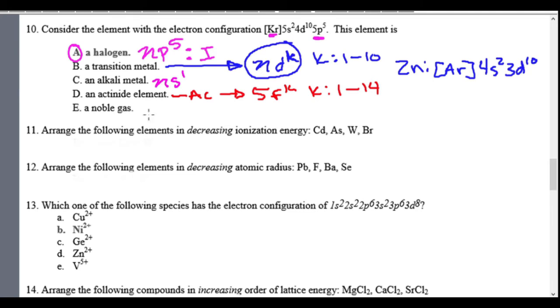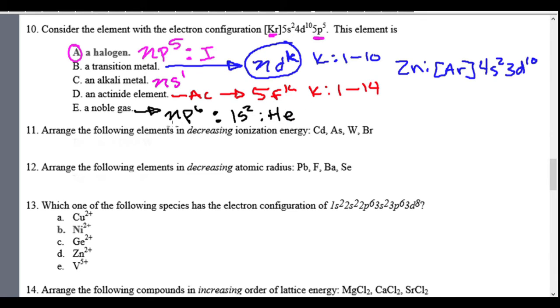For a noble gas, what do you think the generic configuration is going to be? If you said np6, you're correct, where n is your period. The other one it can be is 1s2, which is helium, the one exception for the noble gases.